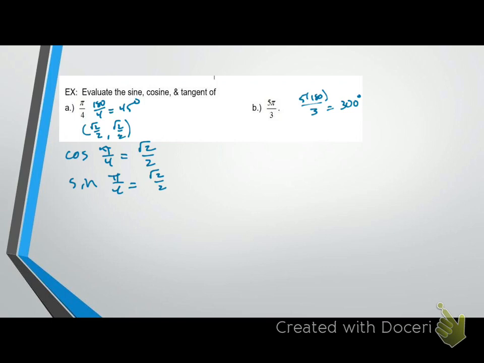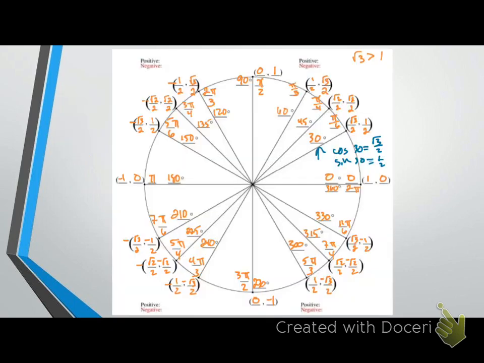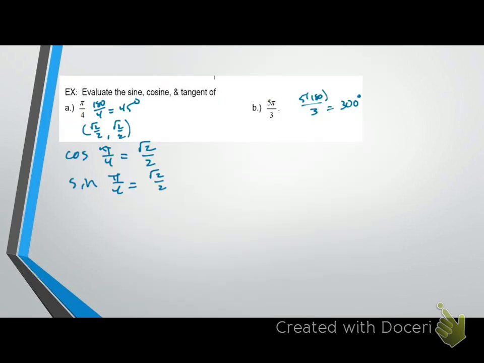So you're talking about being in quadrant 4, and it's that first spoke in quadrant 4, right? 5 pi over 3 is sitting right here. So if you want cosine, it's 1/2. If you want sine, it's negative radical 3 over 2. That's the idea behind using this unit circle. Sine theta is negative radical 3 over 2.